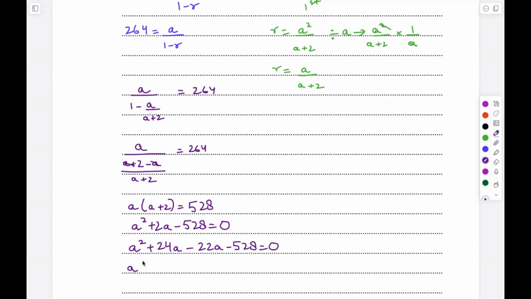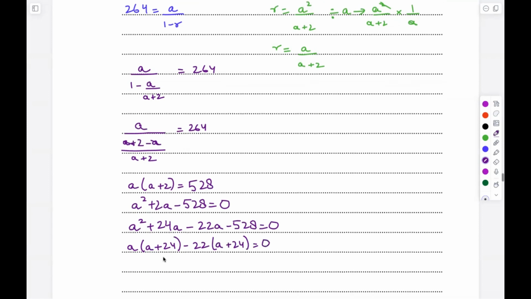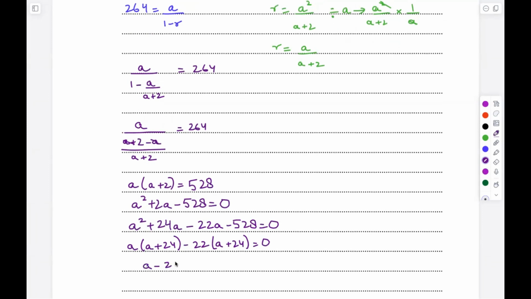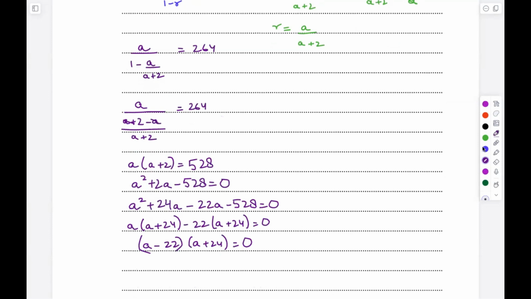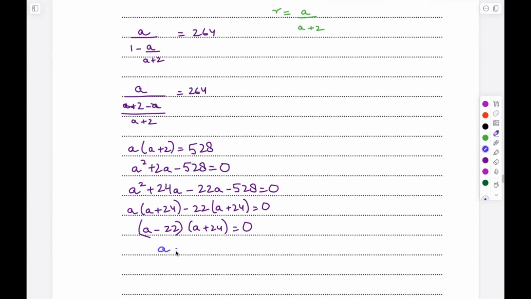Taking a common, this will become a plus 24, and over here taking 22 common, this will become a plus 24 equals 0. Simplifying, we get a minus 22 and a plus 24 equals 0. As a has to be a positive constant, and the two values of a that we are getting are a equals 22 and a equals minus 24, the value of a that we'll choose is a equals positive 22.